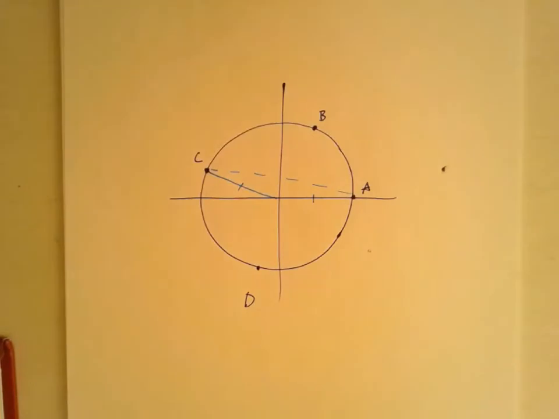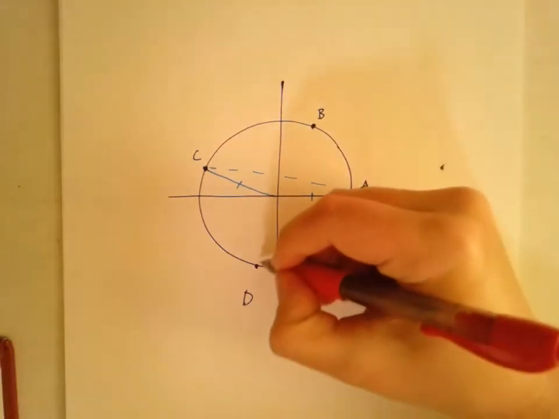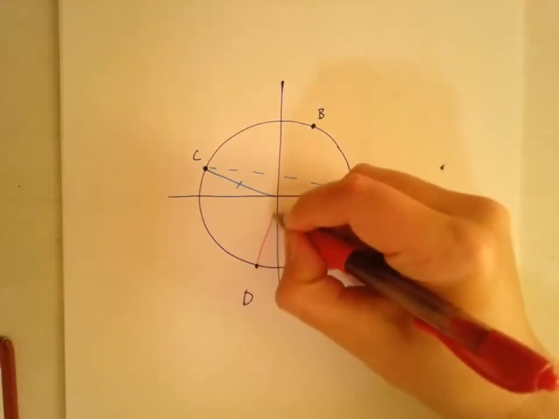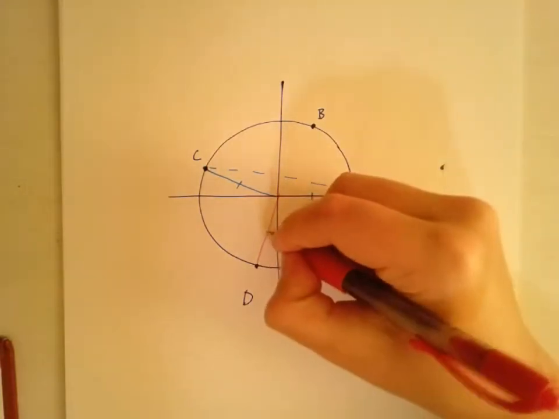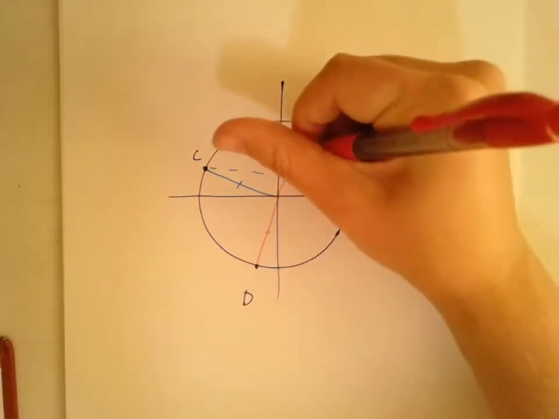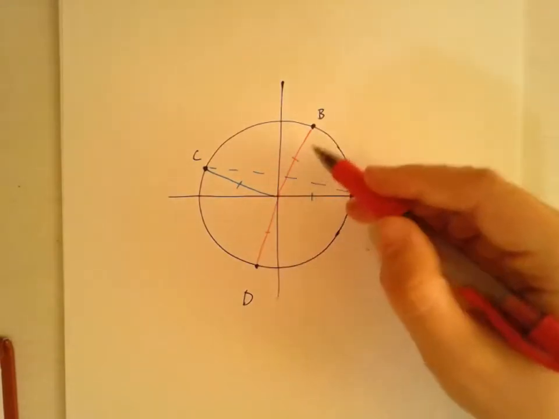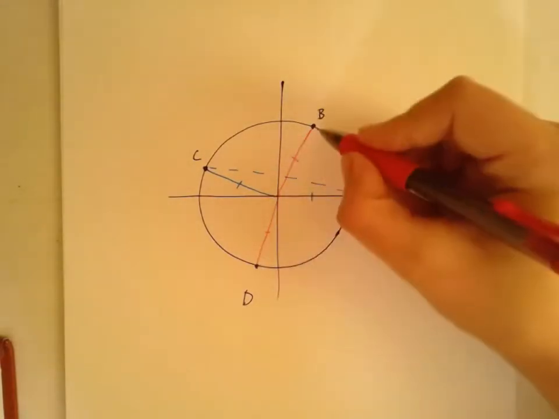And I can actually recreate that same exact triangle if I do the same thing from D to B. I know D to the center of the circle is 1, and I know B to the center of the circle is also 1. I made these a little bit hard to see the triangle, but I'll do my best to draw the picture out.